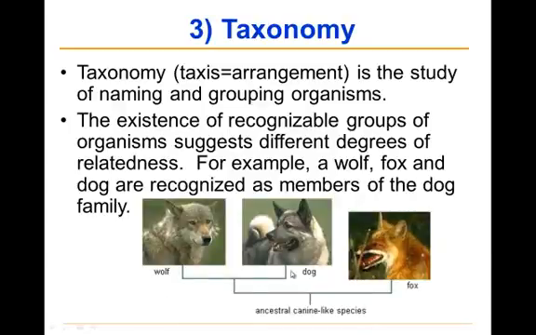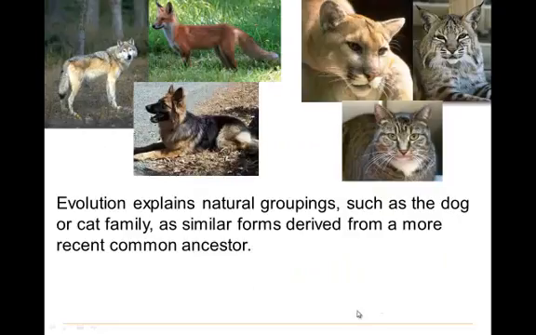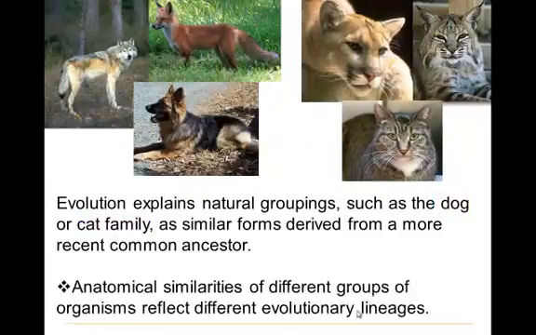For example, wolves and dogs are more closely related than either wolves and foxes or dogs and foxes. And so this is kind of an interesting thing. It has to do with evolutionary distance. And so there's a dog family on the left and a cat family on the right. And so we can conclude this and say anatomical similarities of different groups of organisms reflect different evolutionary lineages.